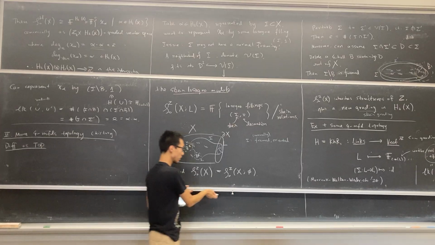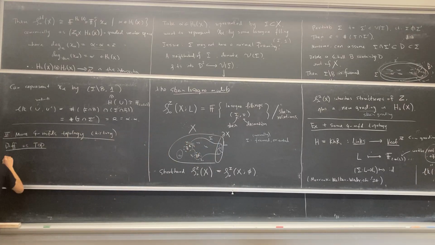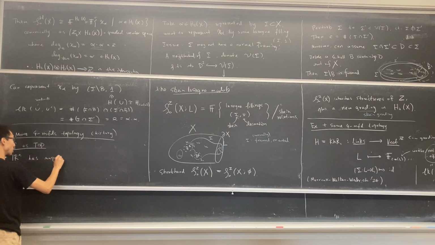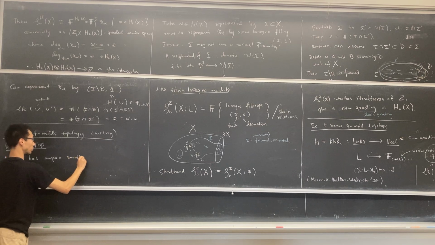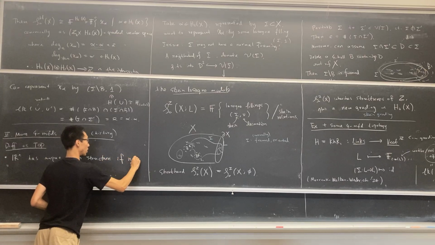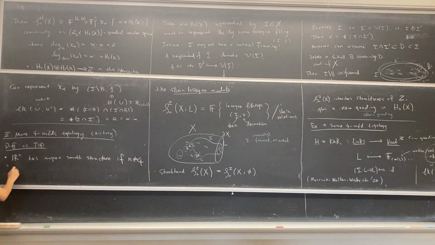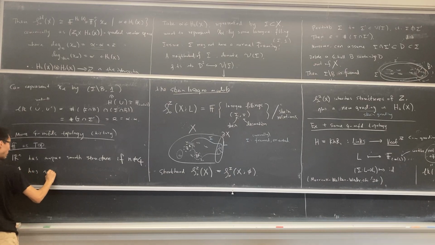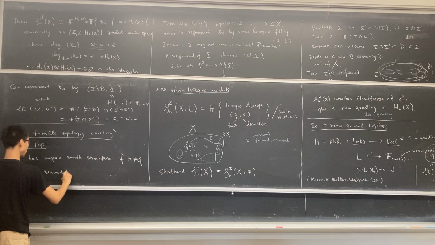As a first illustration, if you don't know this fact, a very good selling point for four-manifold topology is the following. If you take the n-dimensional Euclidean space Rn, then it turns out that it admits a unique smooth structure if n is not equal to 4, while on the other hand, R4 has uncountably many distinct smooth structures.